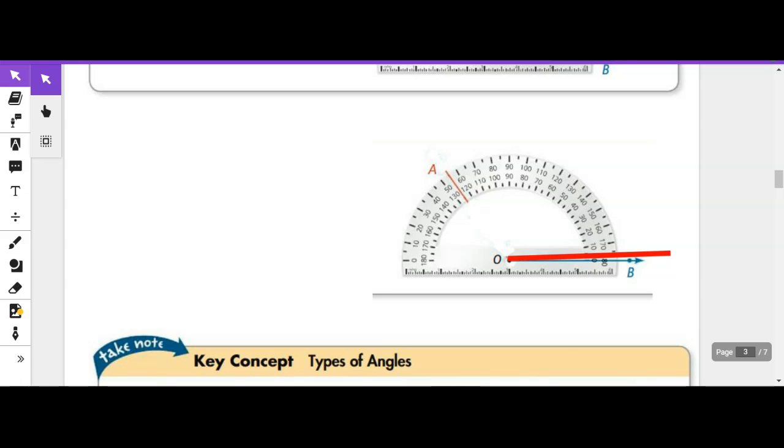So let's pretend that this red line is ray OA. It's saying that no matter where I move this, there will be a number that we can find on the protractor.